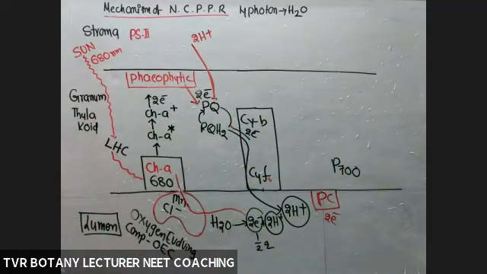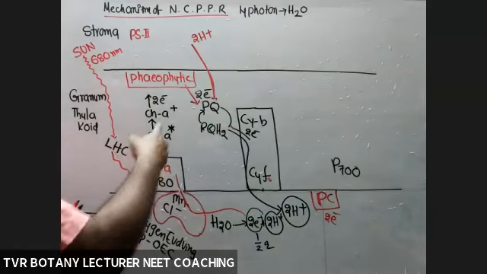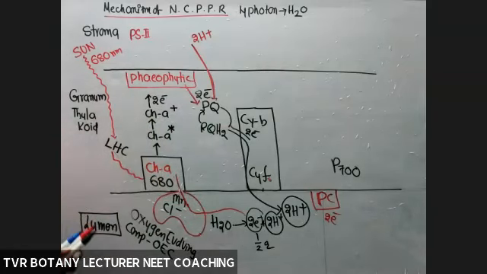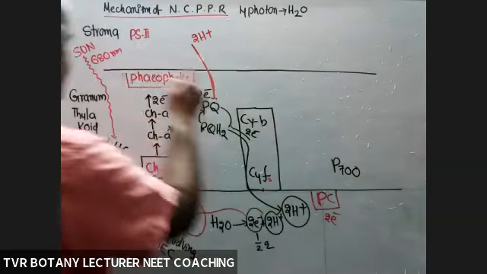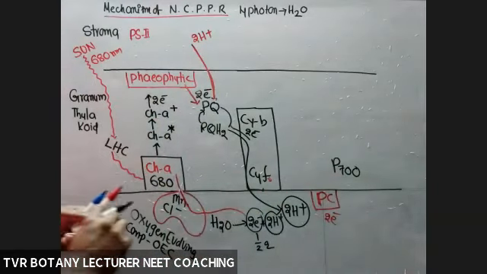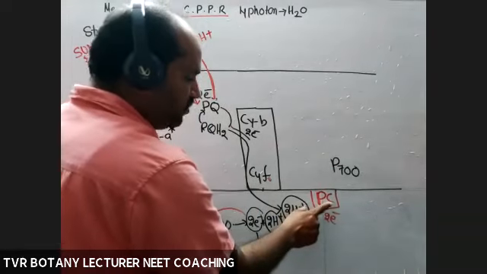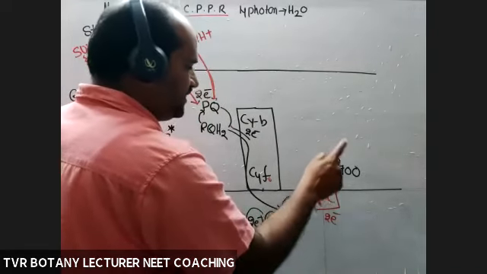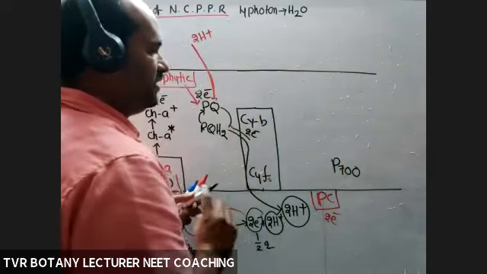The nomenclature of photosystem 1 and 2 is not on the basis of the sequence of involvement during the non-cyclic electron transport system. It was on the basis of the order of their discovery. First discovered one, 700. Next discovered one, this one. So before accepting 2 electrons from PC, P700 must be deficient in 2 electrons.